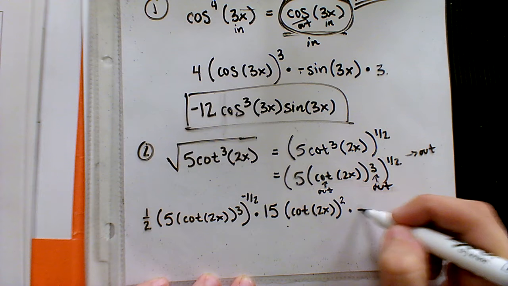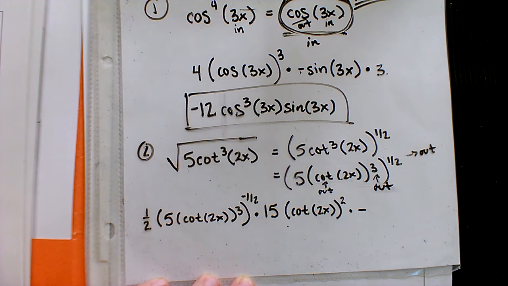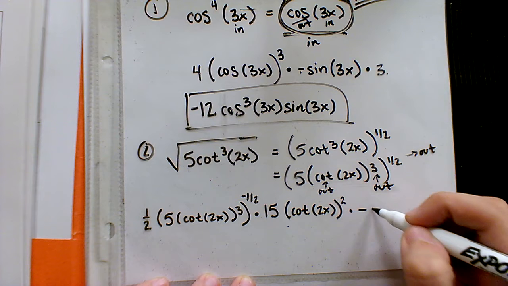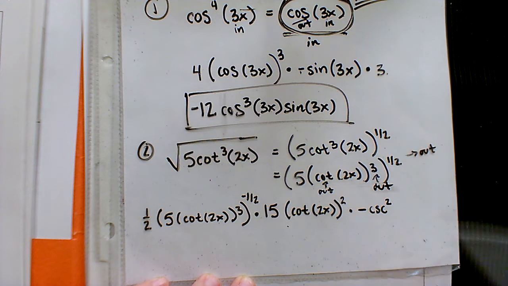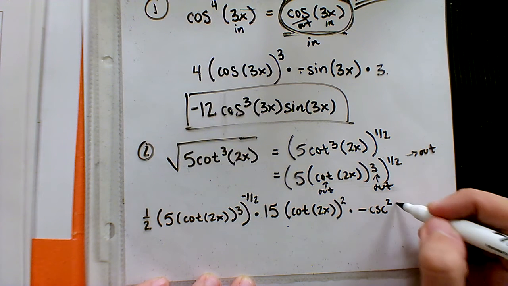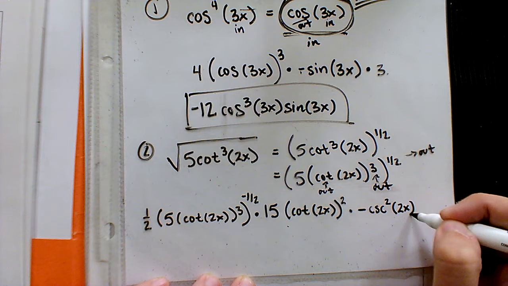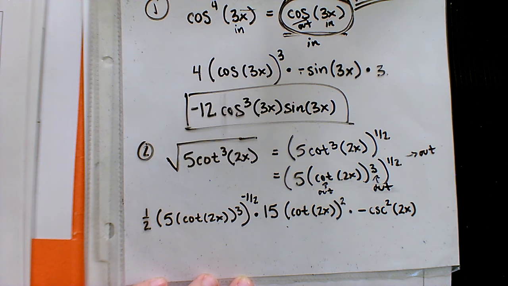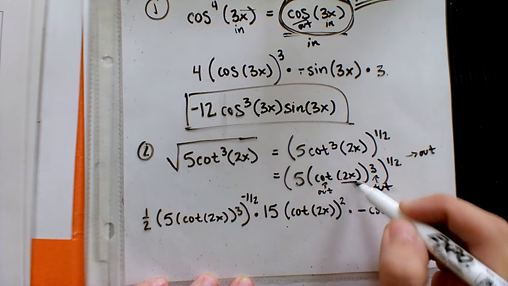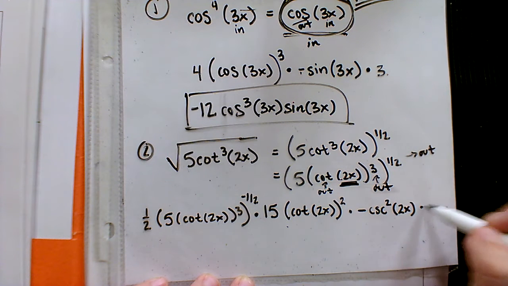Something negative because it's a co. Negative cosecant squared. Okay, that's the derivative. We keep the inside. To finish off the chain rule, we have to multiply by the derivative of the inside. 2.